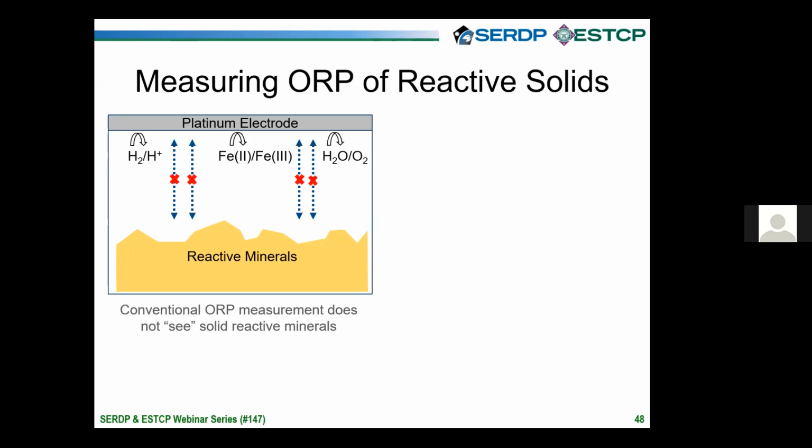The electrode has an inherent limitation in seeing solid mineral phases because there is a lack of direct communication between the mineral surface and the electrode surface. While the reactive minerals can be a strong reductant, the exchange current density on the surface of the electrode could be quite low. So essentially the electrode is blind to the reactive minerals.